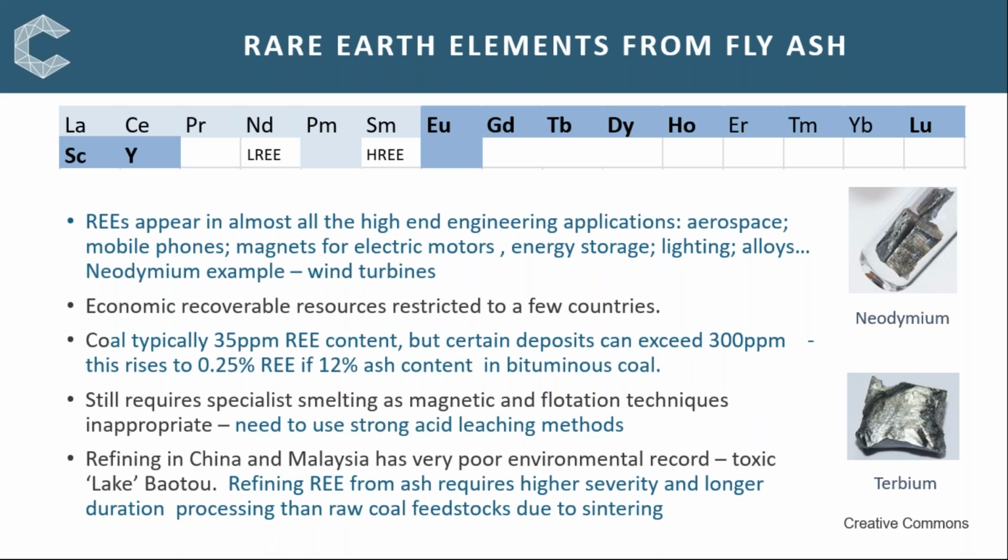So the transition to electric vehicles will need around 30 kilograms for each electric drive. And a 5-megawatt wind turbine needs about a ton of neodymium. And terbium is often added, which is much more expensive, to control the change in magnetic properties with temperature.